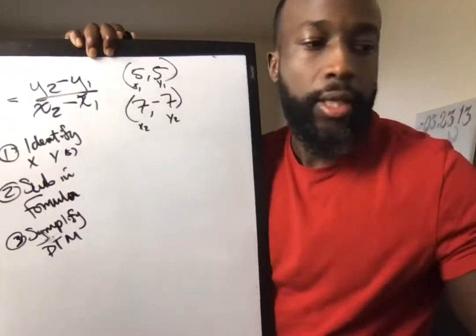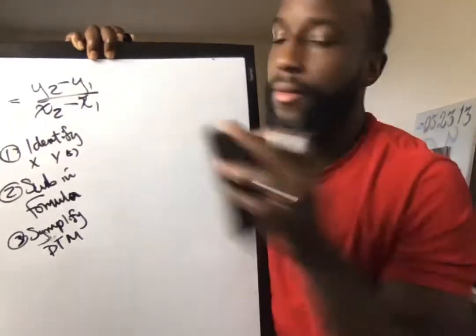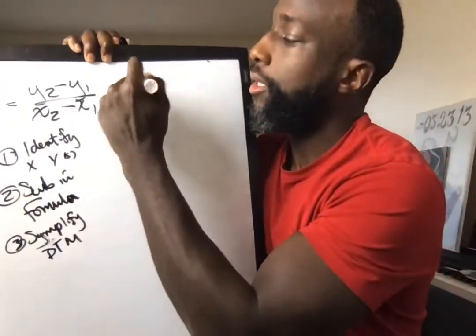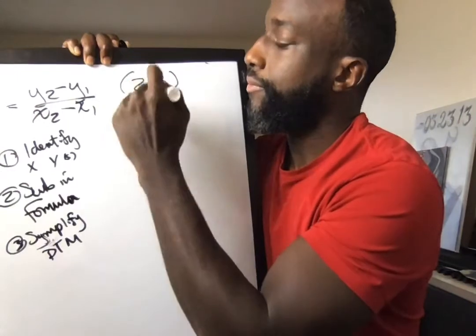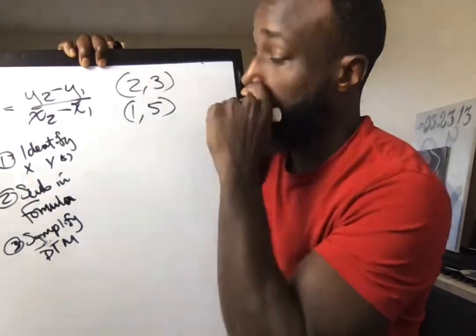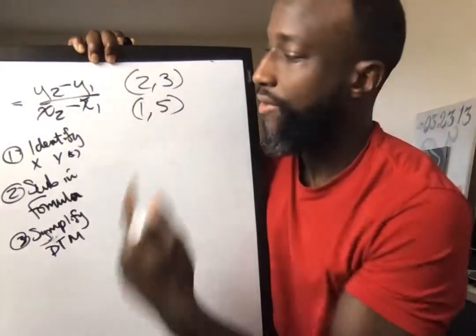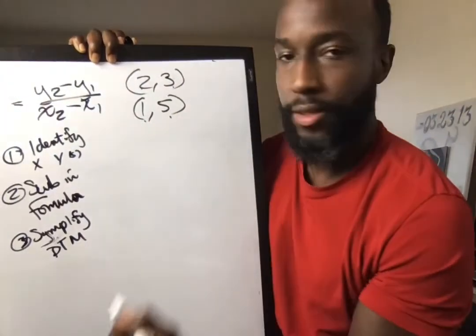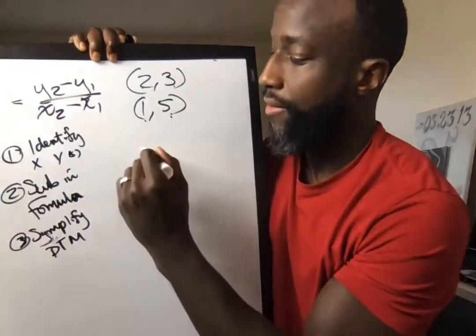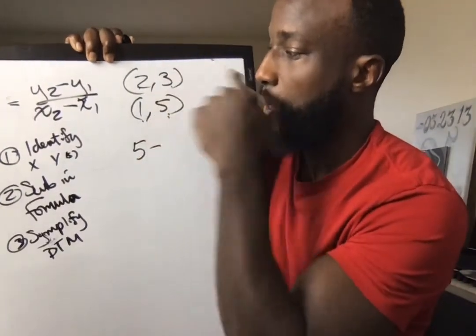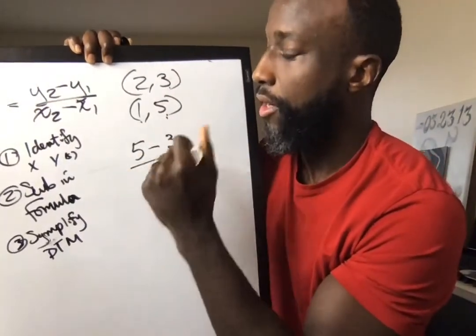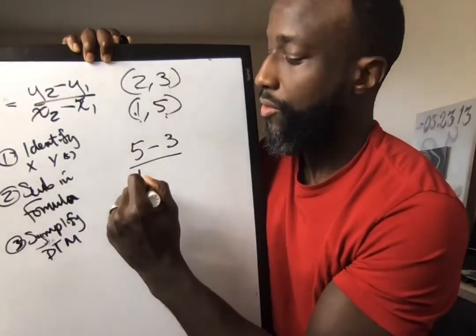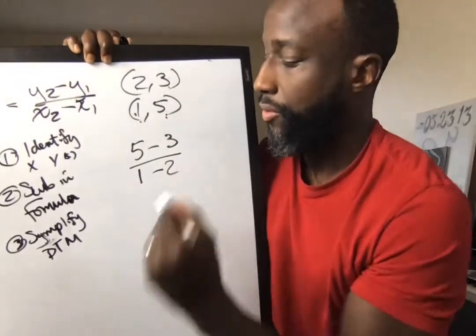All right, so let's see if we can get a positive one. So 2, 3, and 1, 5. Identify your x and your y. X1, y1, x2, y2. Y2 is 5, so it'd be 5 minus y1, 3, over x2, 1 minus 2.